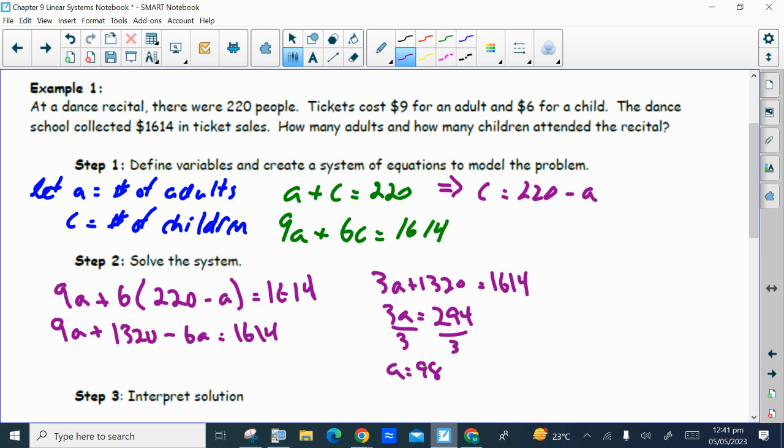Okay, that'll be the number of adults. So to find out what the number of children are, take this equation up top, that C is 220 minus A. We've now found A to be 98, so that will be 122.